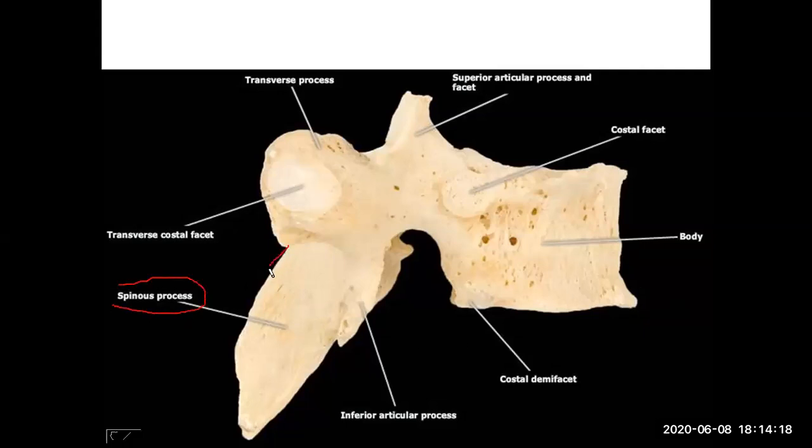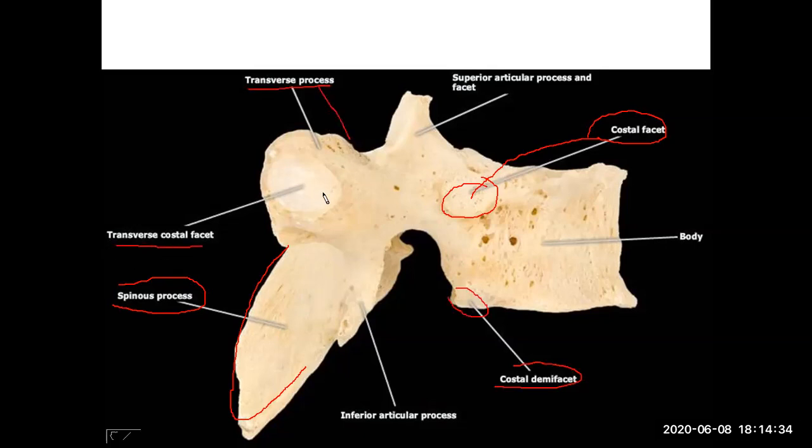You notice the spinous process really sloping downwards, but we can see the costal facets. And on the transverse process, that smooth surface there, transverse costal facet.